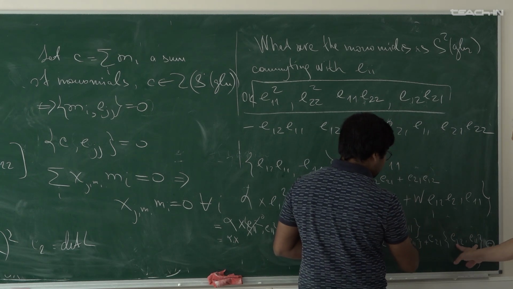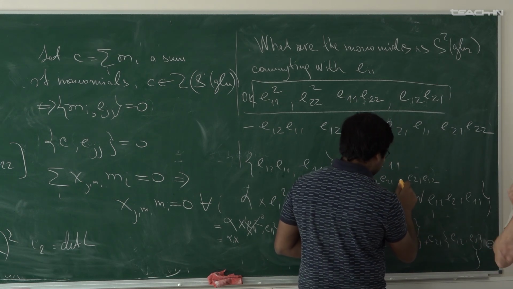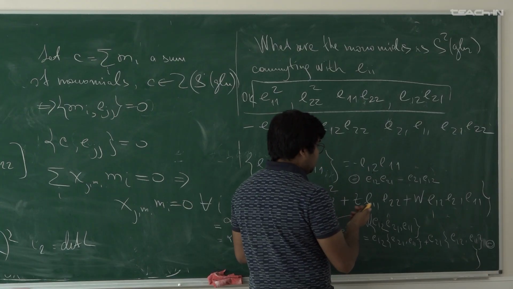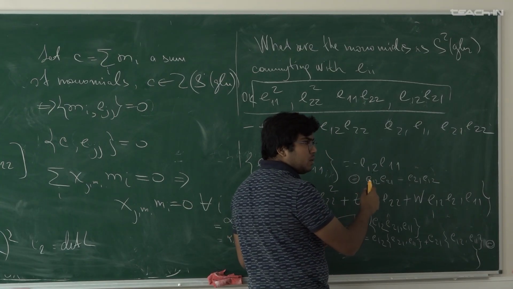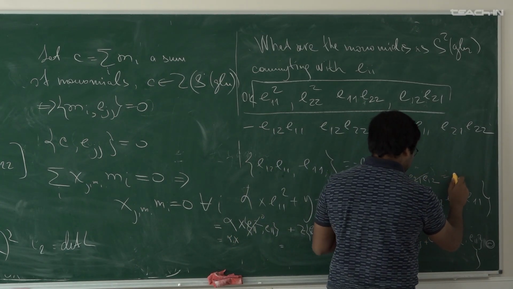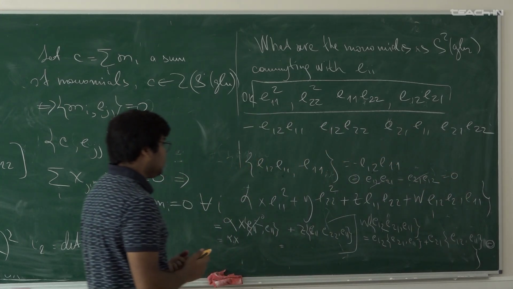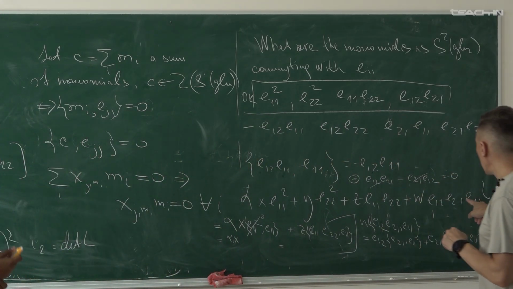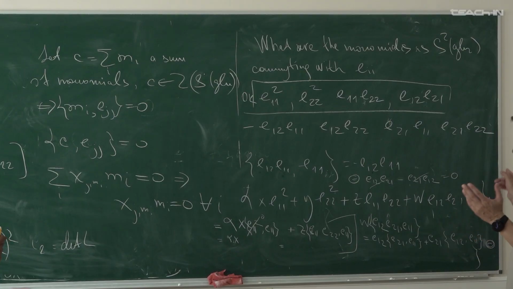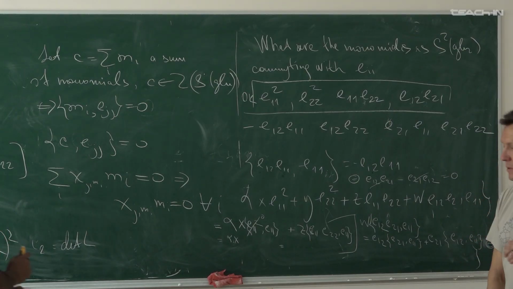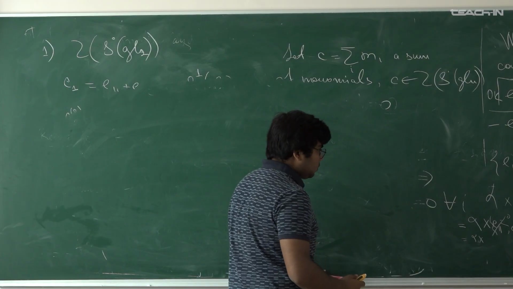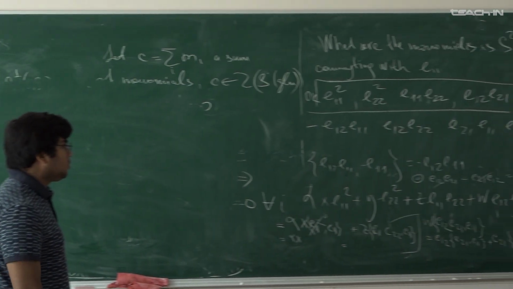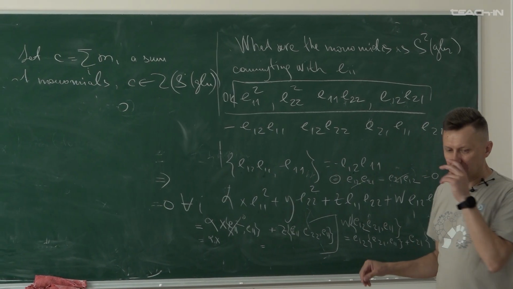Yes, so it should be minus here. So if we sum, they cancel out. So there are no conditions from this commutator. And then we need 1, 2. I think the 1, 2 will be non-trivial. You can imagine that the commutator with 2, 2 will also be trivial.